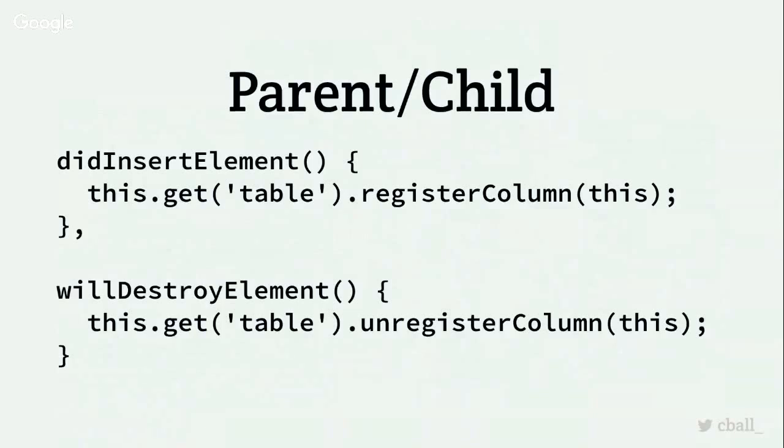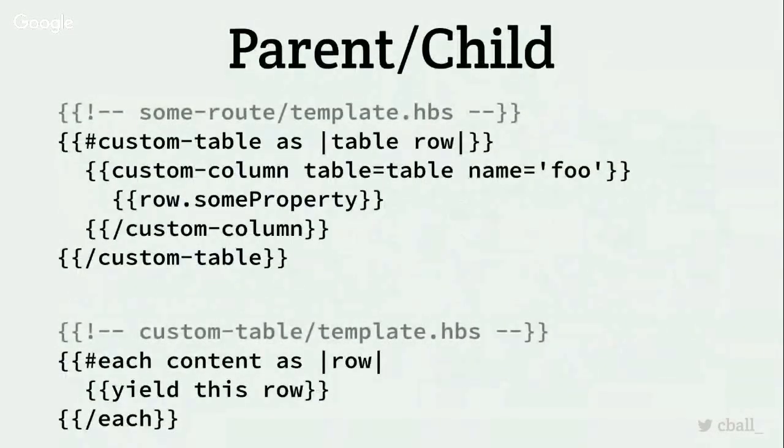Anytime you do this type of functionality, you also have to clean it up. So in willDestroyElement, when your component is about to be torn down, you get the table and you unregister that same element. You leverage these two things together, and then you're able to provide this kind of communication between parent and child once they've been set up.